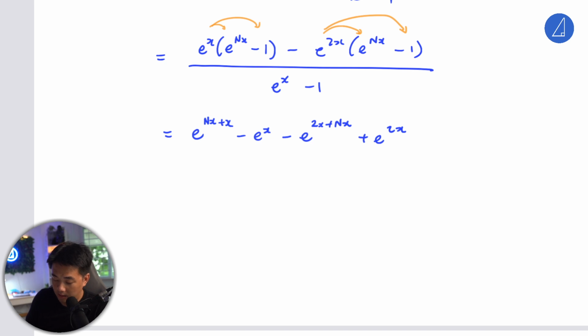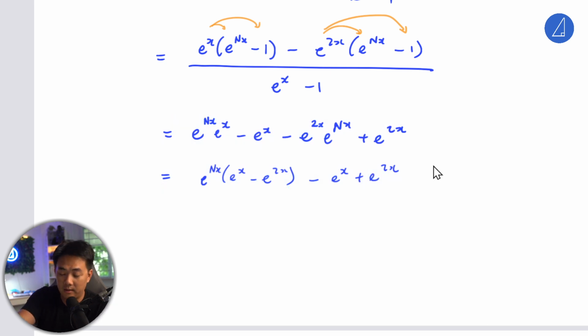Maybe we can factorize this by grouping. I'm not going to add them up, I'm just going to multiply them. Then I can see that I can factorize e^(Nx) out, and the denominator is e^x minus 1.